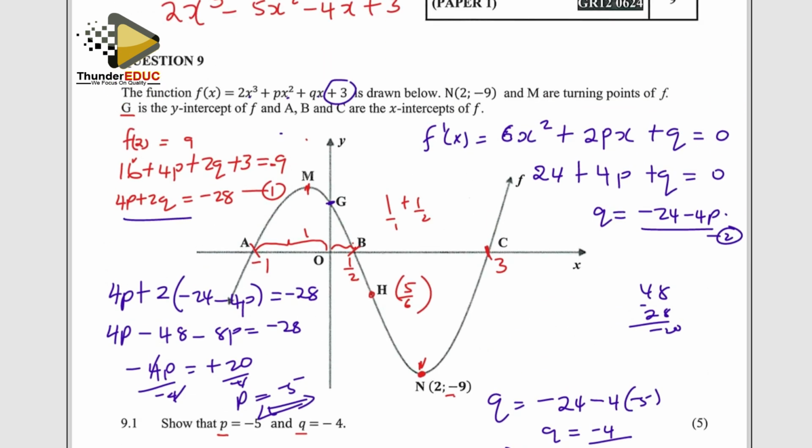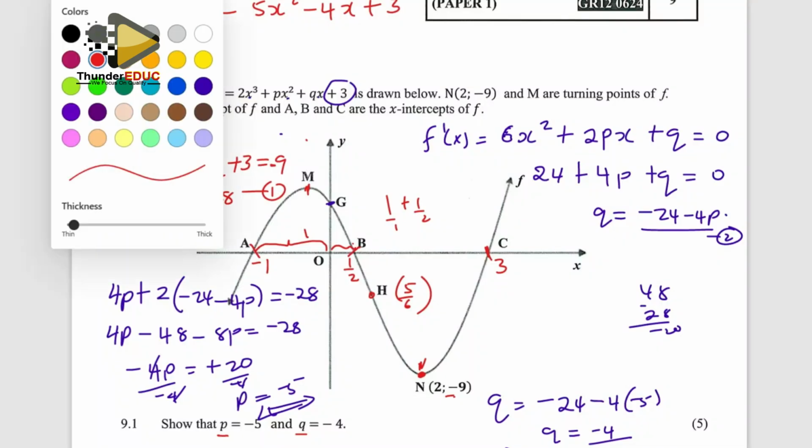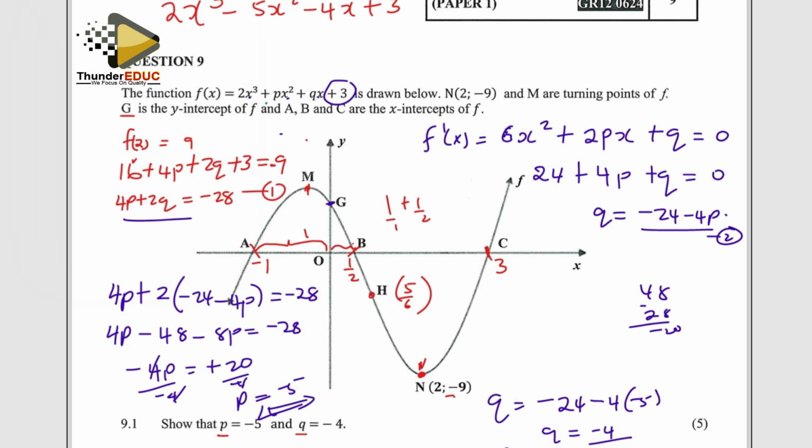So f prime of x is the gradient function, but it's also a parabola, whereby this turning point here, the negative a third, and this point here, the 2, are the points where the graph is going to be cutting the x-axis. Then this point of inflection must be our turning point for this parabola, something like that.